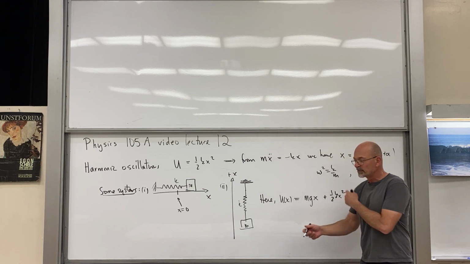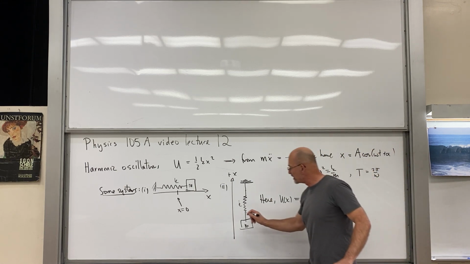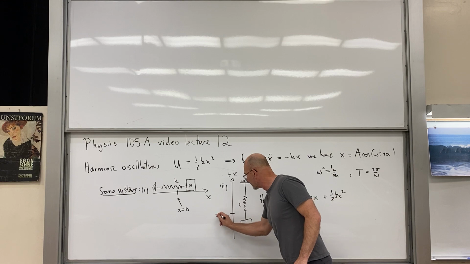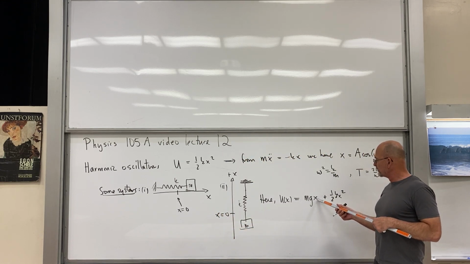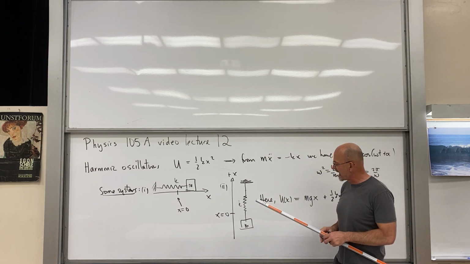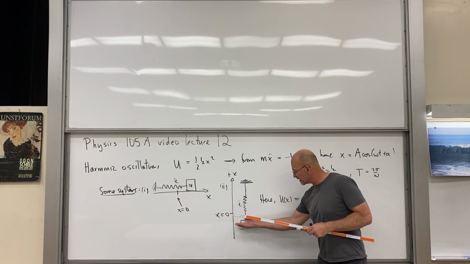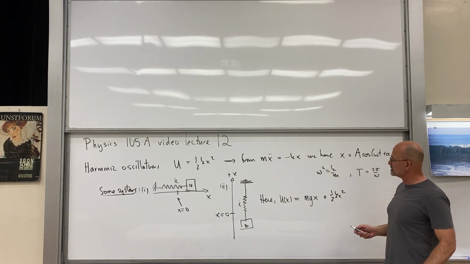Of course, we could add an arbitrary constant. What I've done here is I've assumed that the origin, I'll just call it right here, is the point at which the spring is completely relaxed. So if you had the mass, you would hold it here and then you'd let go of it gently and it stretches the spring. But there's our potential energy.